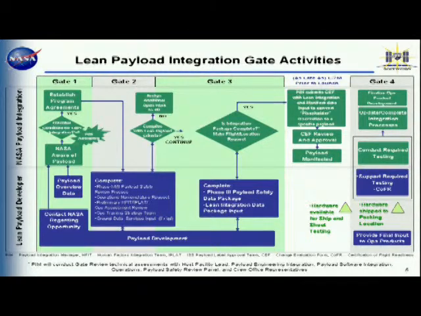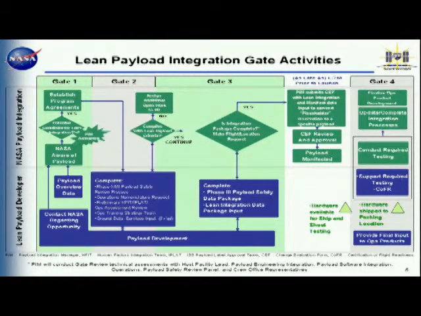Then what happens? Gate 4 can be pretty much 6 months prior to your launch, where you're going to be providing final input to ops products. You'll learn more about that this afternoon. Your hardware needs to be available for the ship and shoot testing. We'll talk a little bit more about that. And as a PD, you're going to support that required testing and help us feed in appropriate information about your certification of flight readiness as we're coming out of your testing.